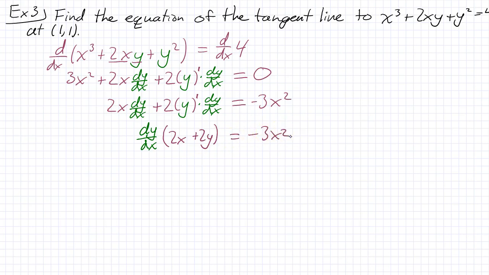And now you can just divide both sides by 2x plus 2y. And that gives you your formula for dy over dx. It is negative 3x squared over 2x plus 2y.